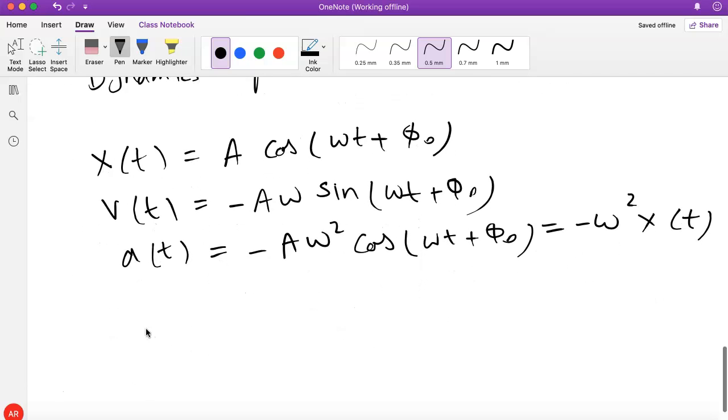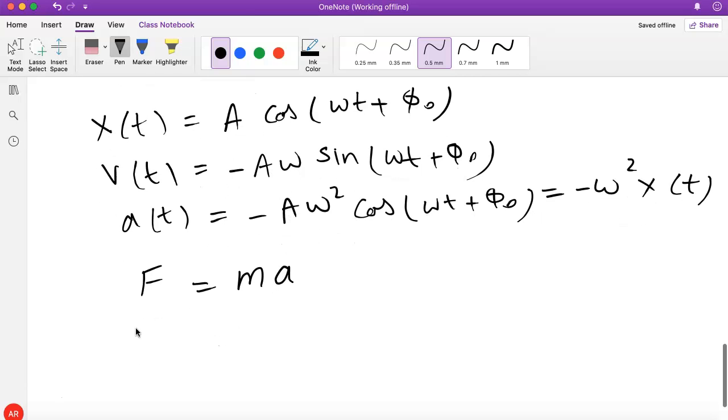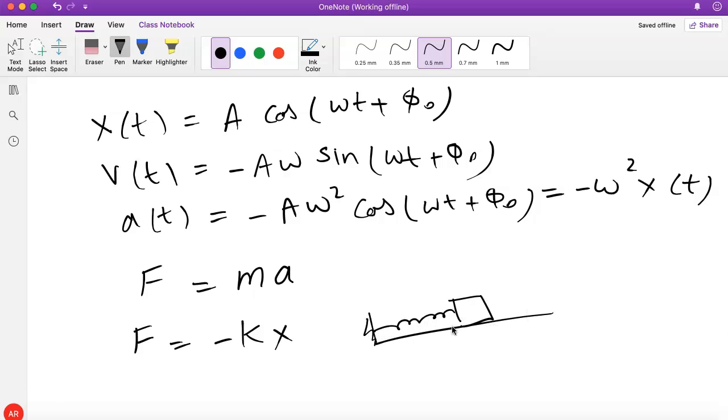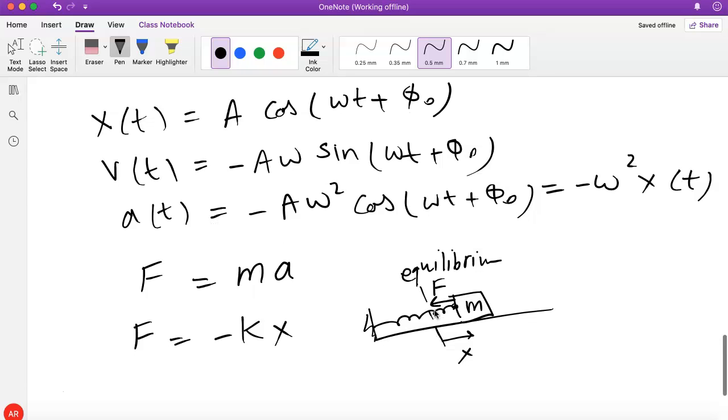Now if I have F equal ma, and if you have a force that's proportional to the distance and in the opposite direction, like what you get from a spring, right? So if I pull it, let's say that's the equilibrium position, the spring gets stretched for a positive x, and then the force it applies to this object of mass m is going to be to the left, so that's minus k times x.